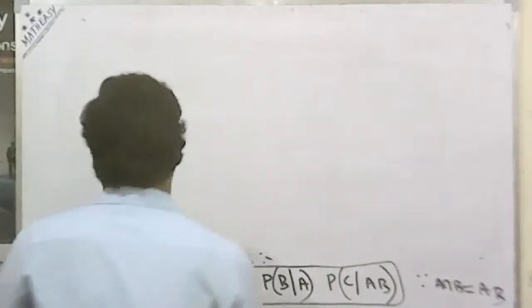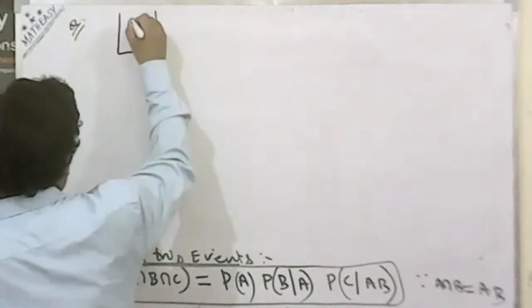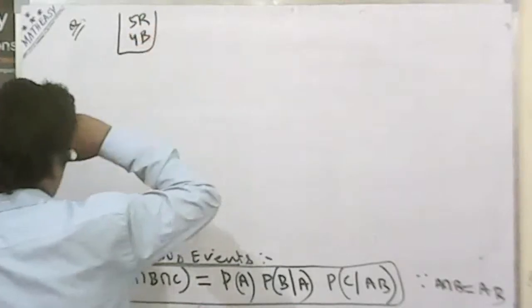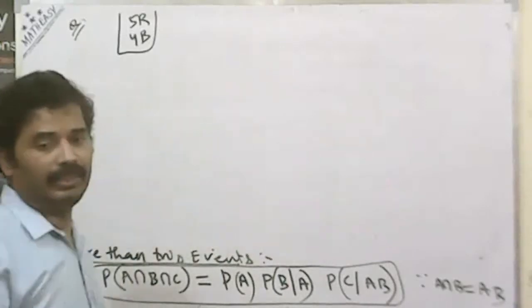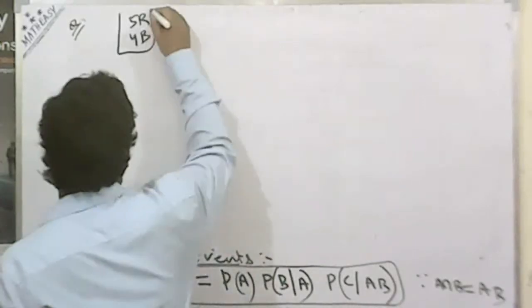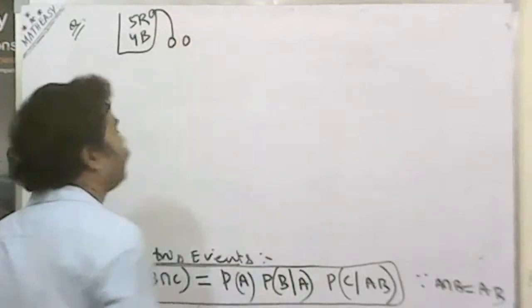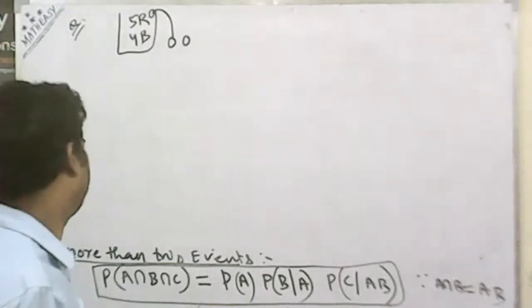Take one question. A bag contains 5 red, 4 black. Now you draw 2 balls. Two balls are drawn.